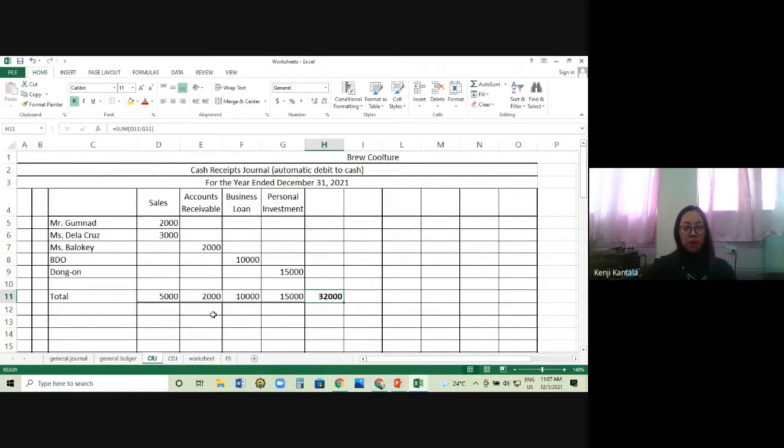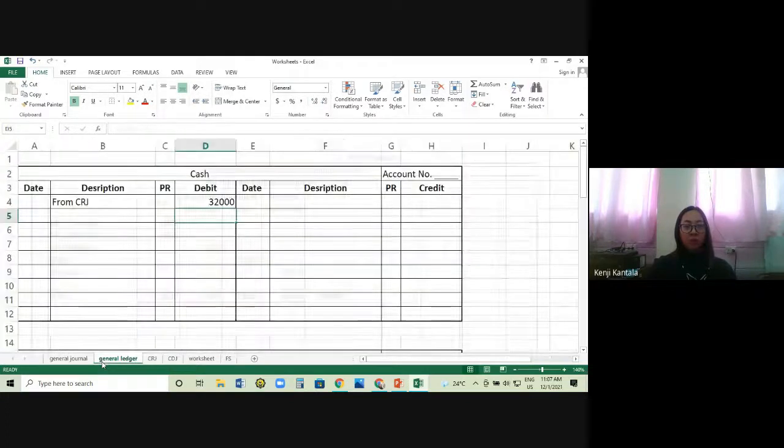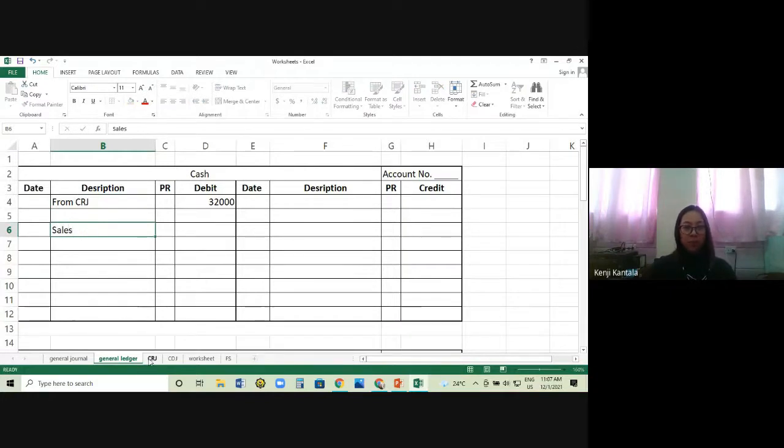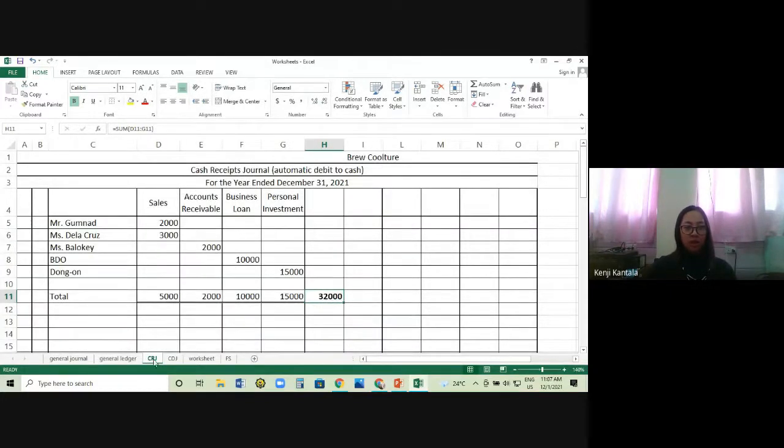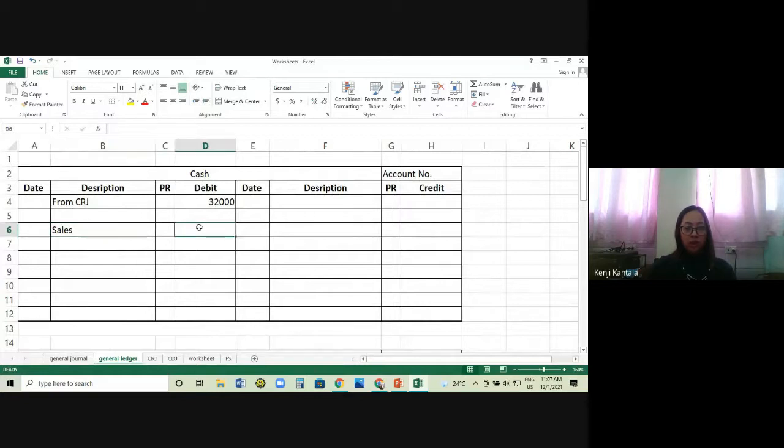However, kung gusto mong makita kung saan galing yung cash na yan, yung gusto mong isa-isahin siya na mag-appear sa general ledger, you can also do that. So, pwede mong ilagay dito. For example, hiwalay ko lang muna. So, sales. Ang total ng sales natin is at 5,000. So, pwede mong ilagay na 5,000.